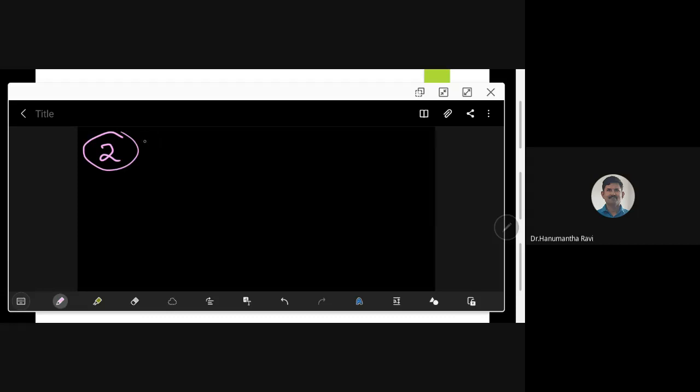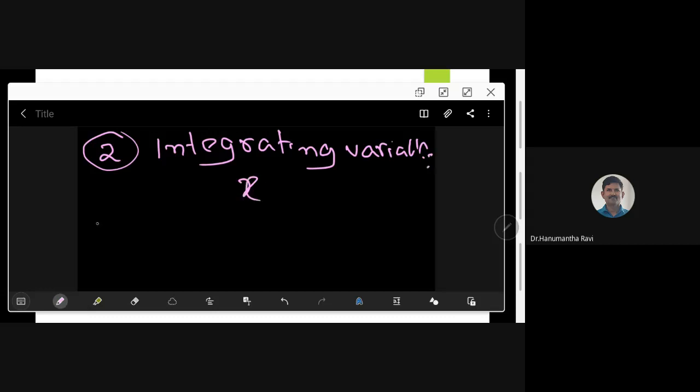Here we are considering the integrating variable in our context as x, and the third one is the region of integration. Instead of saying limits, we call it region of integration from now onwards.